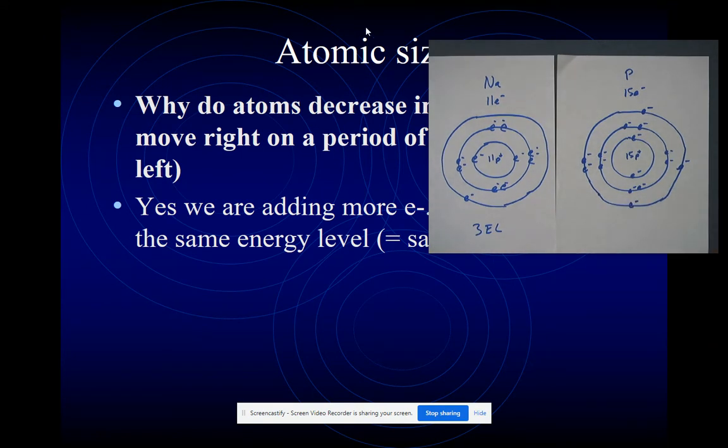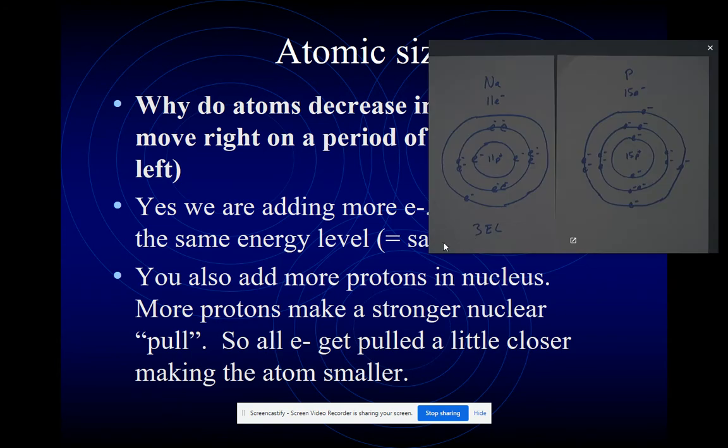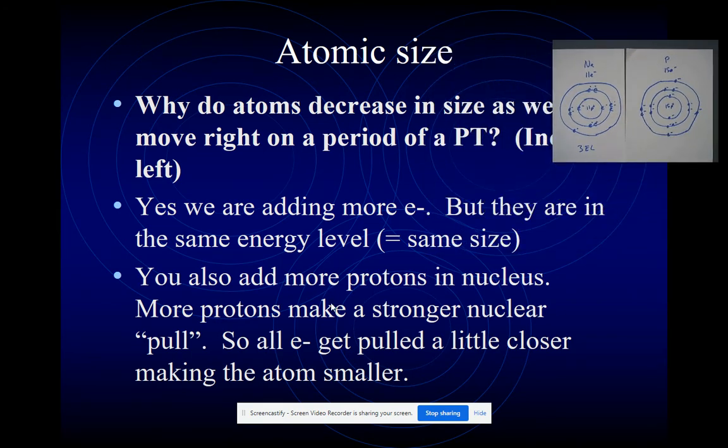So you might be thinking that sodium and phosphorus should be the same size because their electron cloud is the same. But if we were to take a closer look here, there's a second variable changing. As we're adding electrons, we're adding more protons to the nucleus, which makes this nucleus with 15 protons a stronger positive pull, if you will.